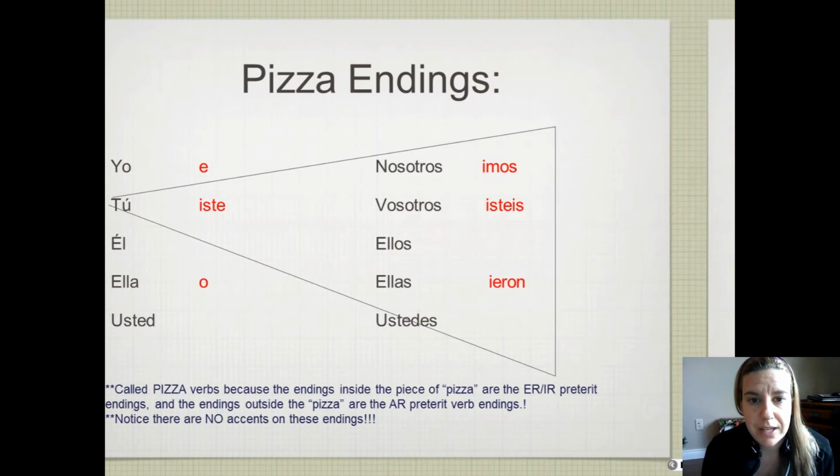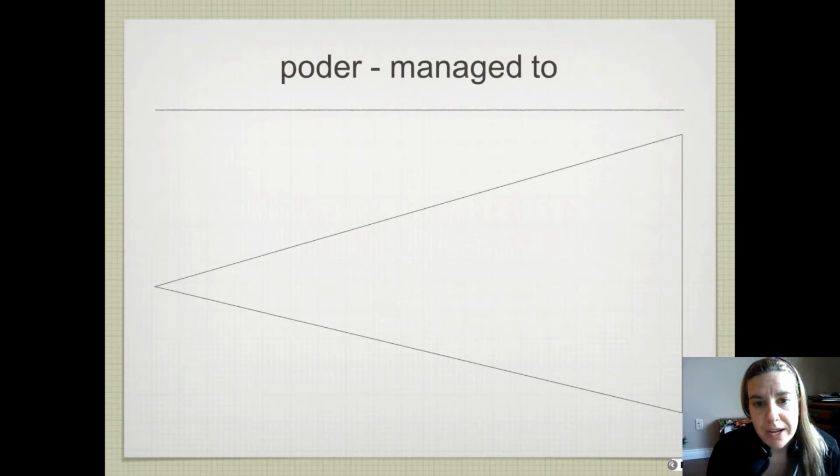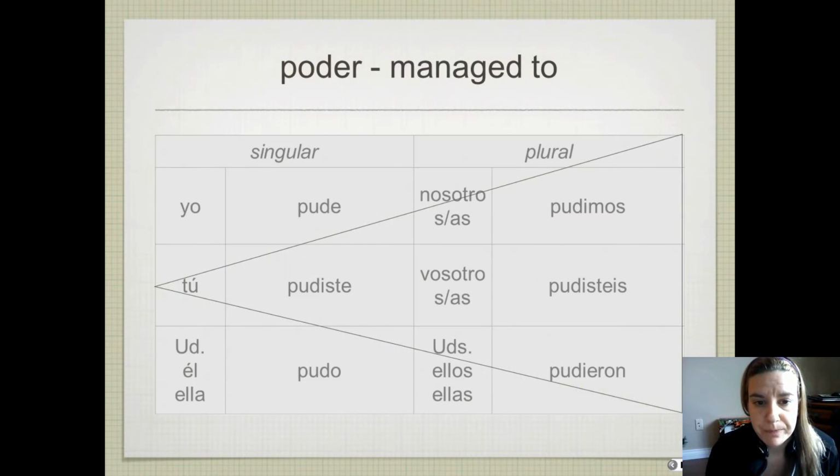So let's see what they look like. The verb poder, to manage to. Here's what it looks like with the endings. Yo pude, tú pudiste, él, ella, usted pudo. Nosotros pudimos, vosotros pudisteis, and ellos, ellas, and ustedes pudieron.